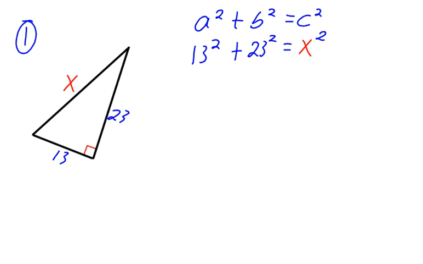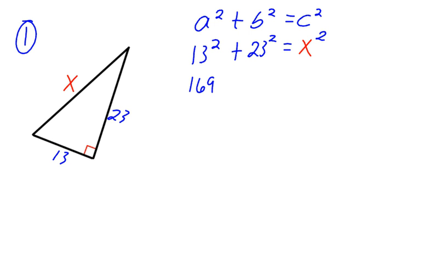All right, so with any equation, your goal is to isolate x. That means get just one single x all by itself. So what we're going to do is calculate our 13 squared, which is 169.